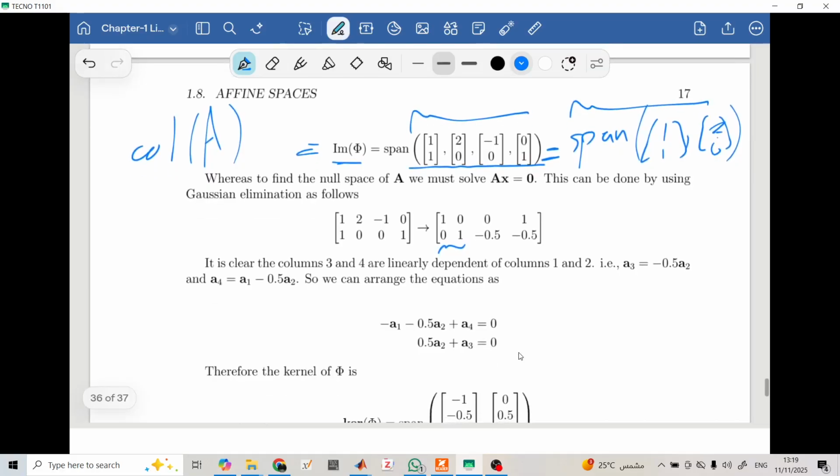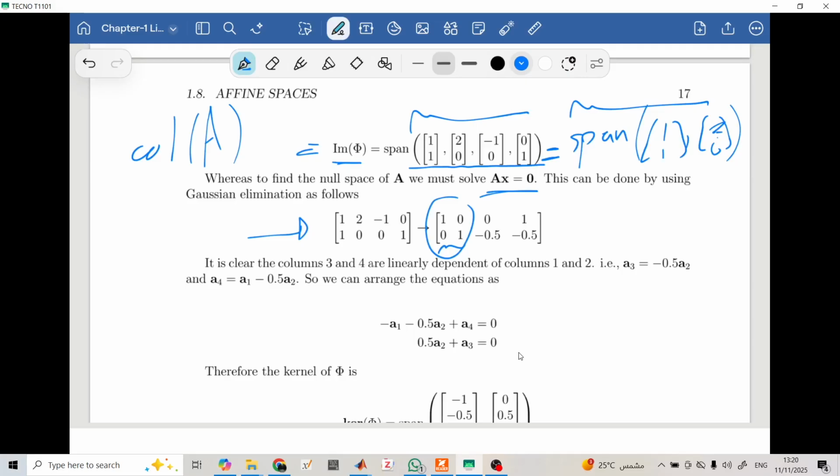Now, the null space is the solution to this equation. How do we do it? There are many ways to find the null space. One of them is to find the row reduced echelon form. As we said earlier, the first two columns are independent and the third and fourth columns are not.